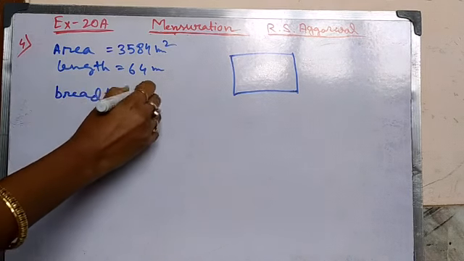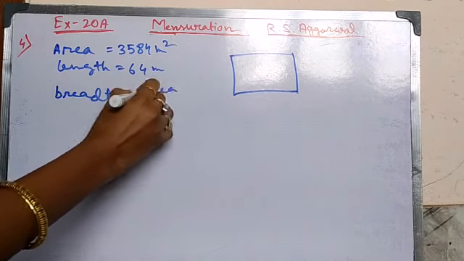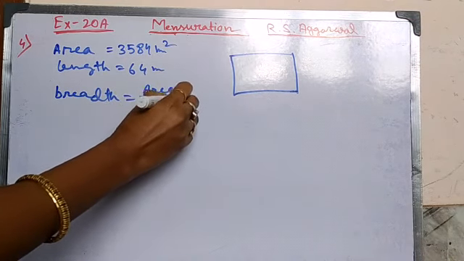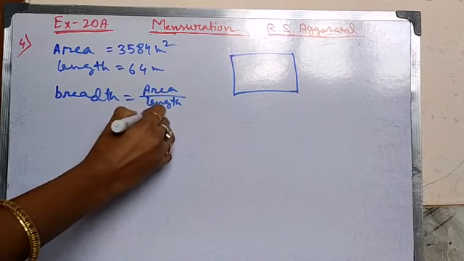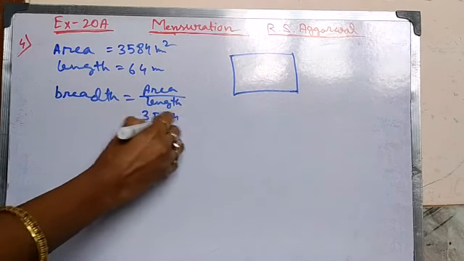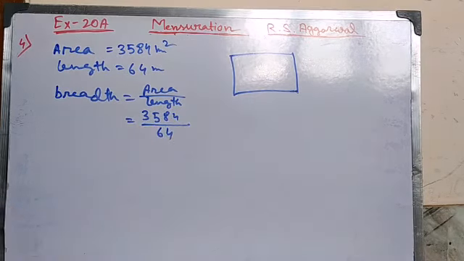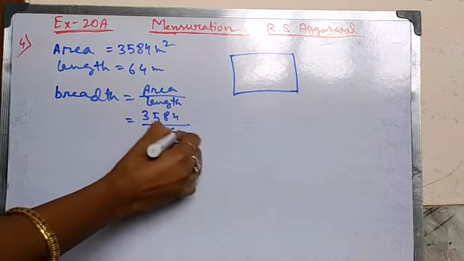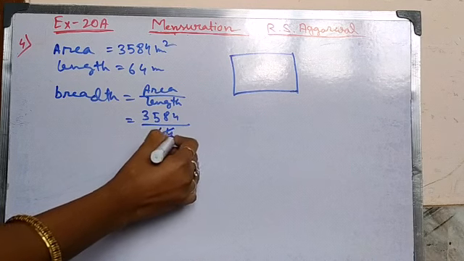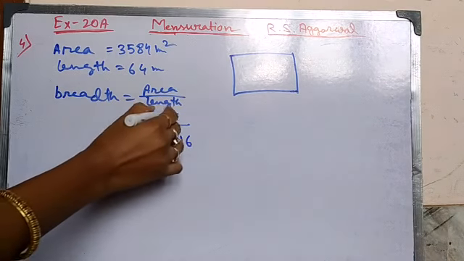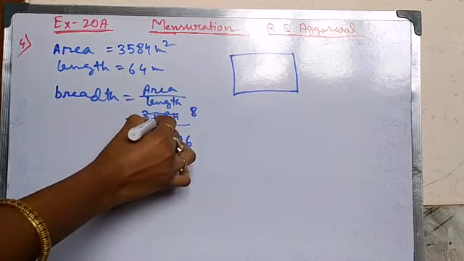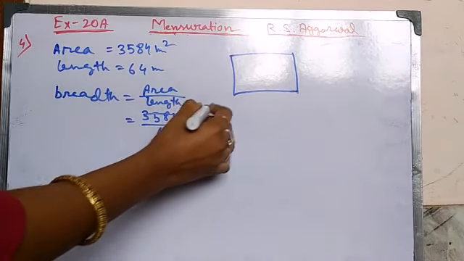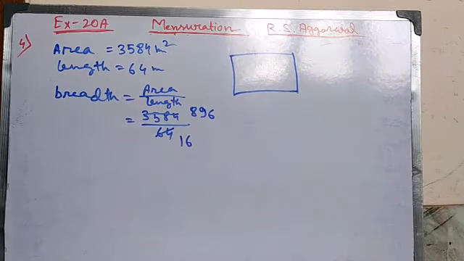Breadth equals area by length. That means 3584 divided by 64. Then by 4 it is divisible. 4 ones are 4, 4 6s are 24, 4 8s are 32, 4 9s are 36, 4 6s are 24.